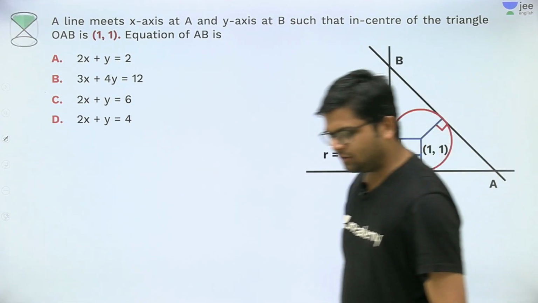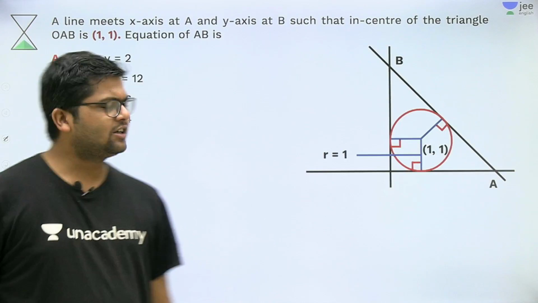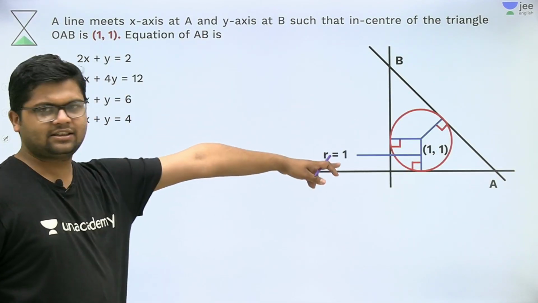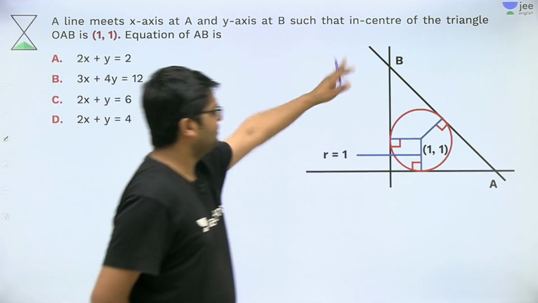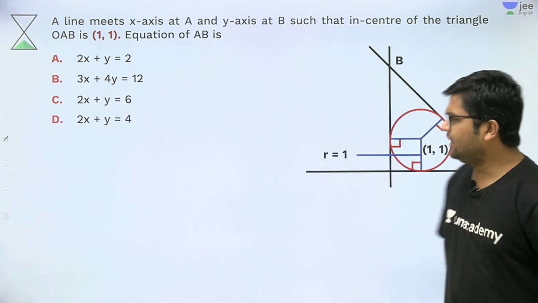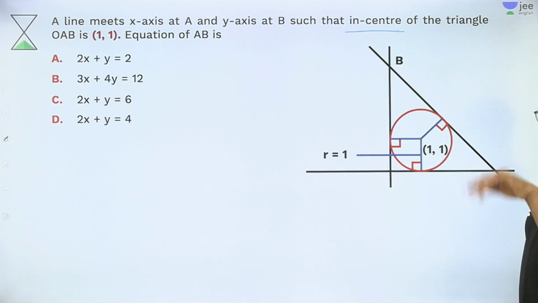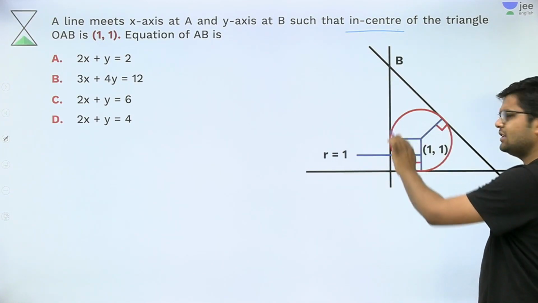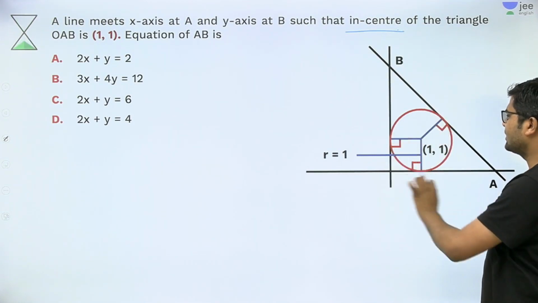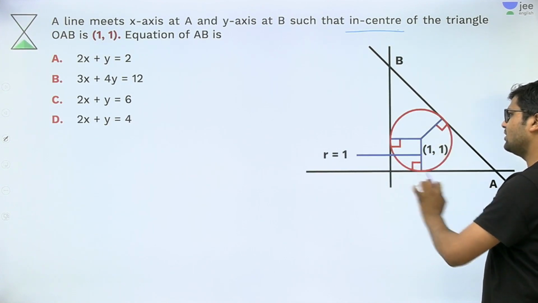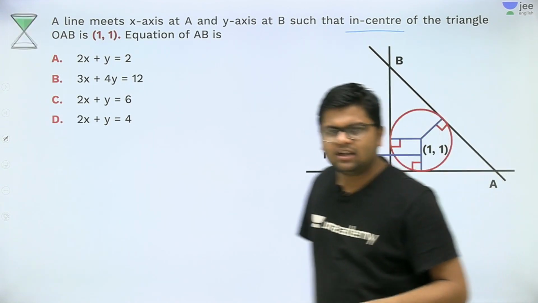So this is the figure of the question: a line intersects the x-axis at A and the y-axis at B. This is the situation, and the incenter means the center of the incircle. So there is this incircle, and it touches all three sides, that's why it is an incircle.